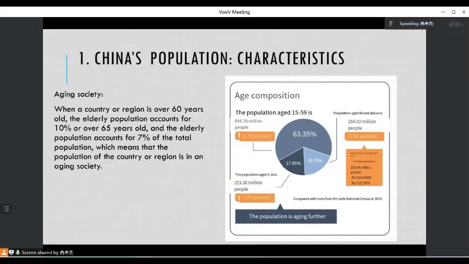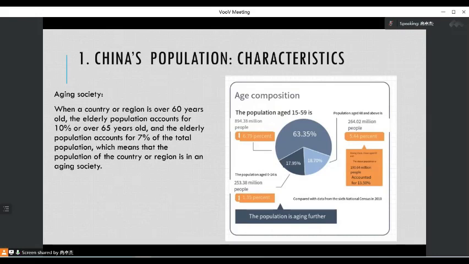First of all, we need to know what aging is. Aging refers to a society in which the elderly over 60 years old account for more than 10% of the population, or the elderly over 65 years old account for more than 7% of the total population of one country.